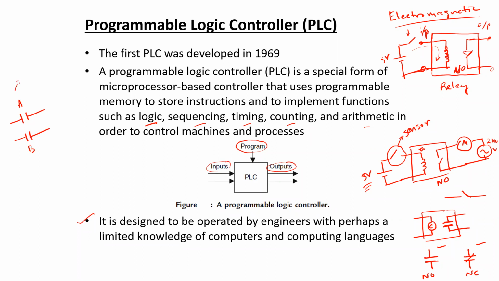Suppose one is relay A, another is relay B. So this is the first relay, this is the second relay, and I am using the two normally open contacts of these two relays, and along with that, suppose I'm connecting a motor as an output device. So in this, if we use the two normally open contacts in this fashion, then what sort of logic are we actually implementing using the two relays?